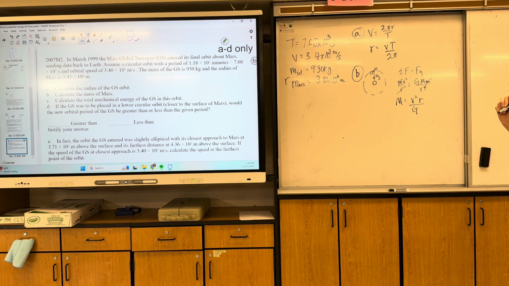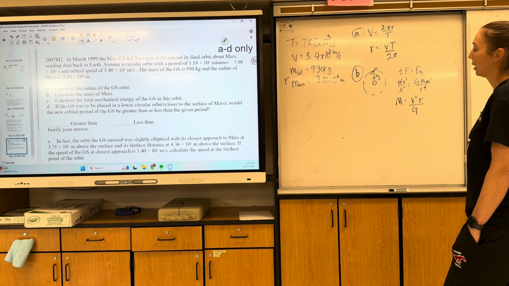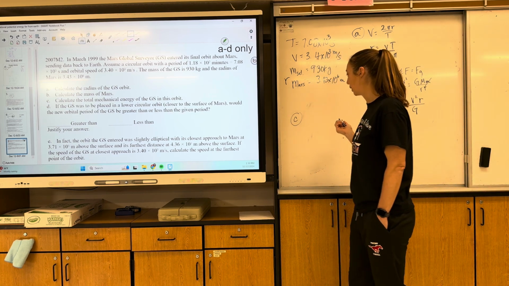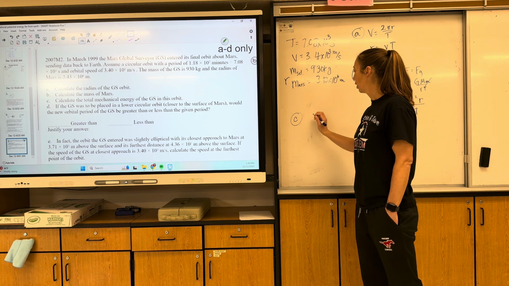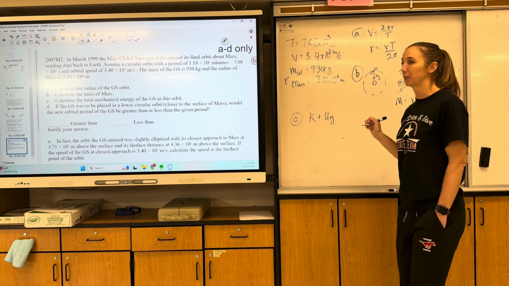Then it says calculate the total mechanical energy of the GS in its orbit. So here's our energy question. Our total mechanical energy is going to be K plus gravitational potential energy.